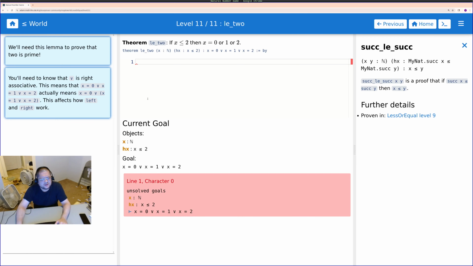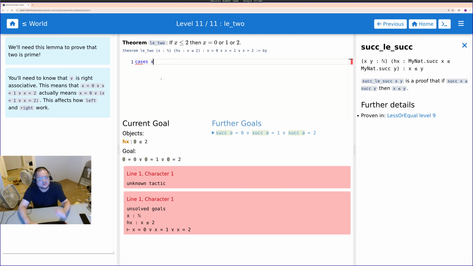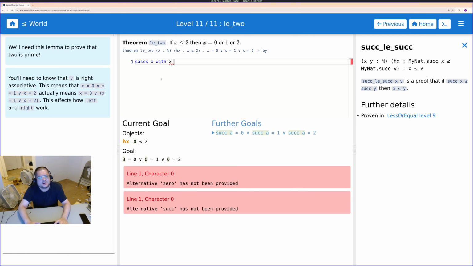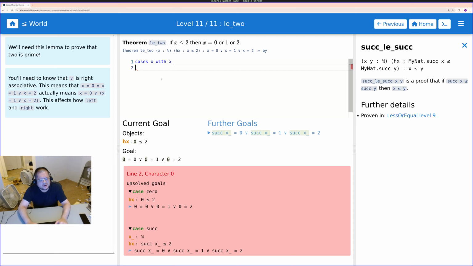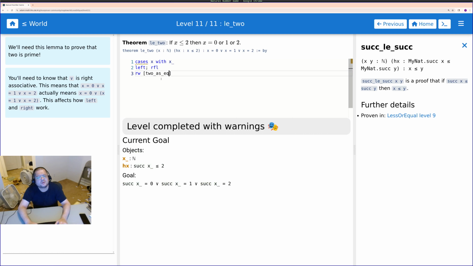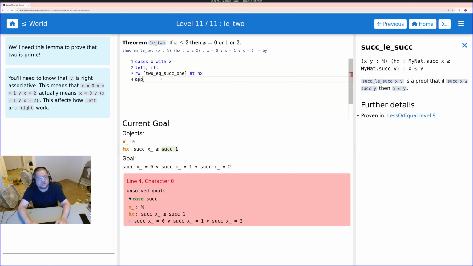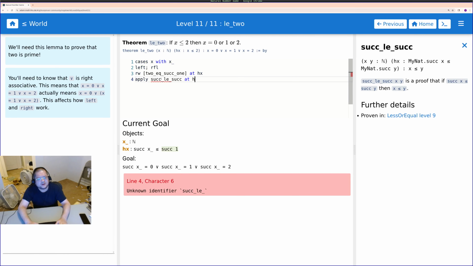If x is less than equal to 2, then x equals 1, 2, or something, right? I think we just do the same thing. Cases x with x underscore, we do left RFL. And then let's rewrite the 2. 2 as equal successor 1 at hx. Apply successor hx.